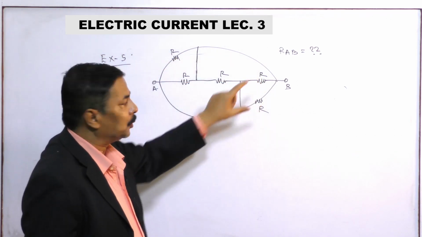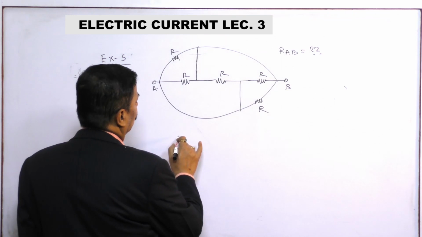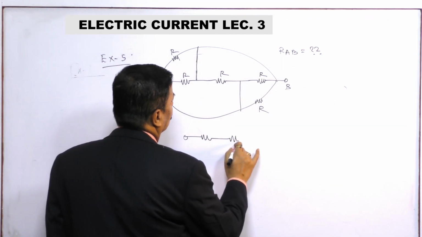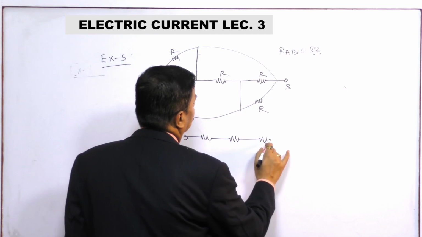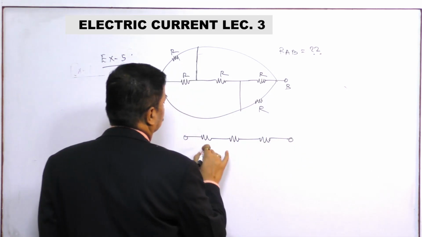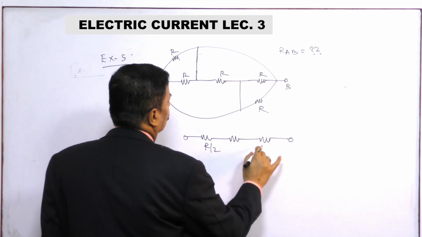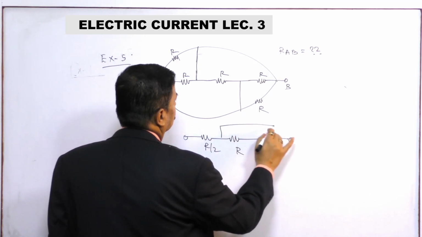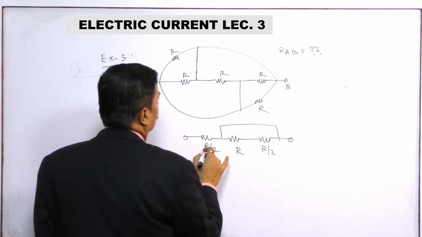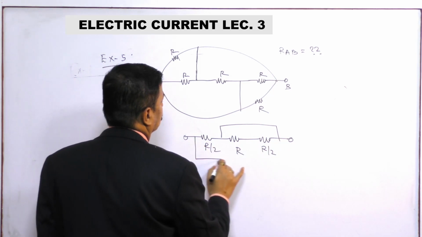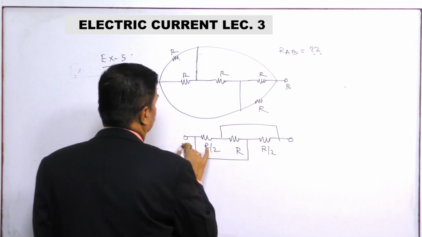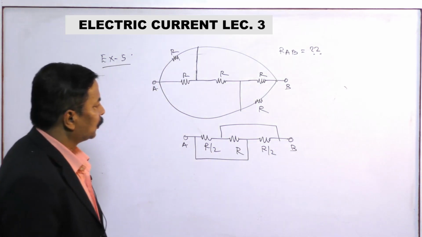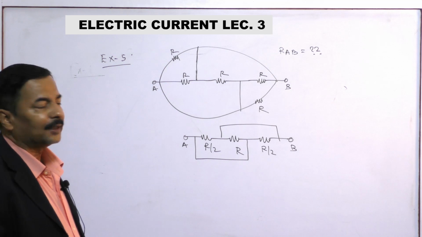Similarly, it is R by 2. So we can write the equivalent circuit in this way.